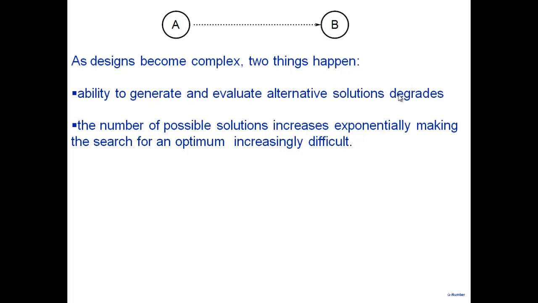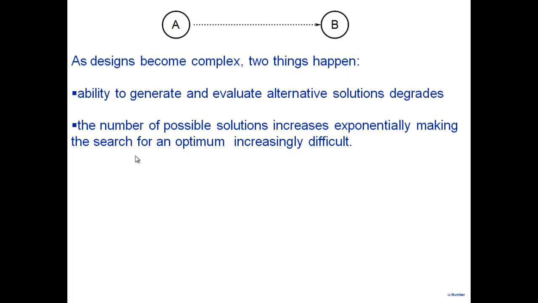Because it's complex, it has many, many legs of journey, so it will take you a certain amount of time and effort to generate a solution. And then you'll have to figure out the costs and time and add them up and come up with whether the design is good or not. So all this degrades. And also remember, if there are 10 legs of journey, and each leg has 3 possibilities, the number of possible options rises exponentially.